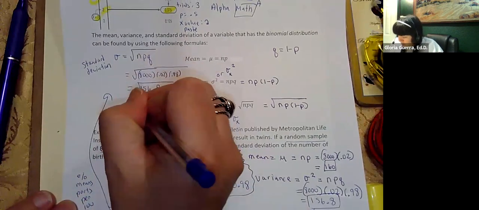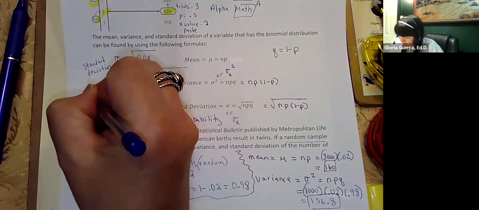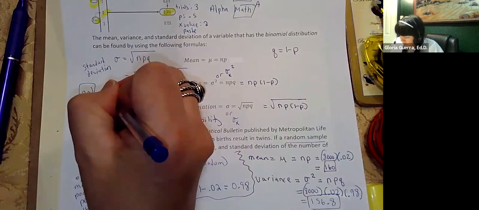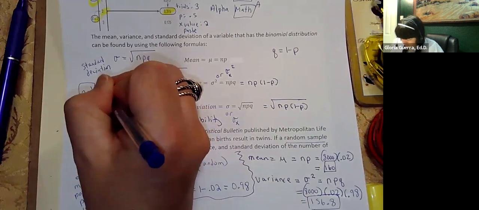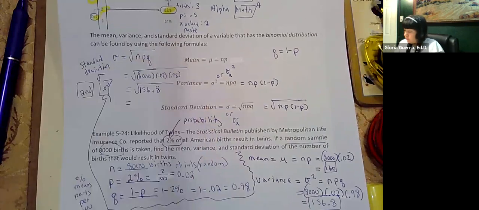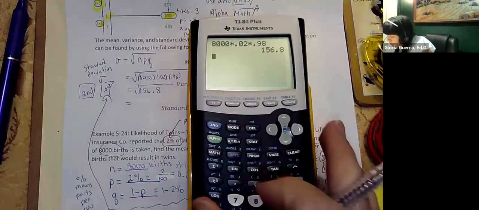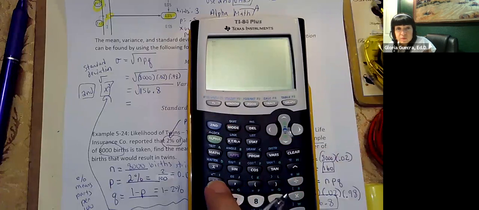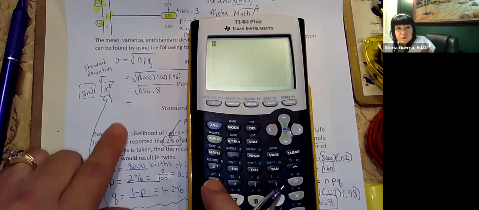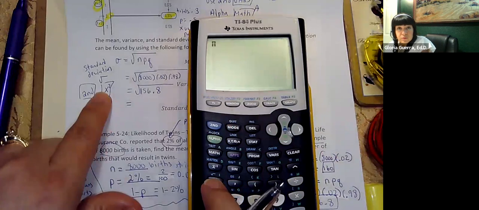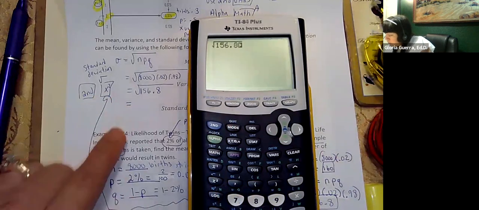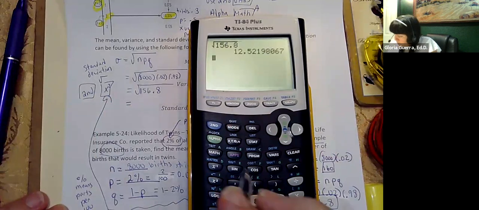And on your calculator, you want to use the second button and the X squared button, because on top of the X squared button is the square root key. So you want to do second, and then this one right here, this X squared button, because on top of that is the radical. And you want to type 156.8 and then hit enter.